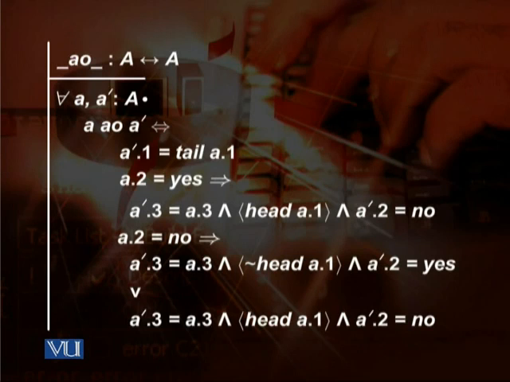A dot 2 is equal to yes, that implies that A prime dot 3 is equal to A dot 3 and head of A dot 1, and A prime dot 2 is equal to no.